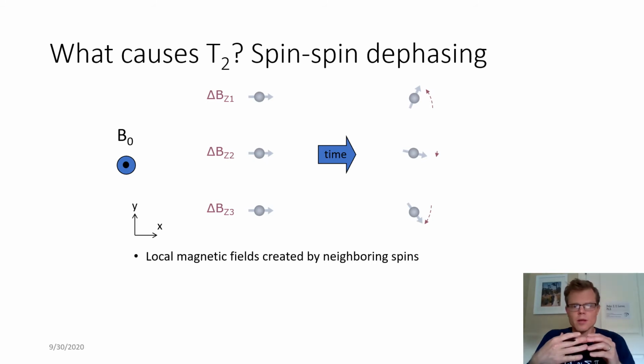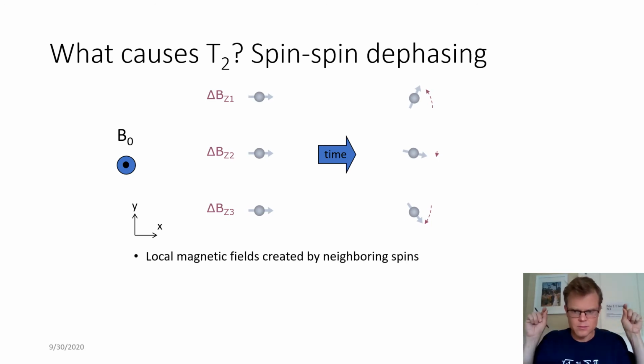So recalling from the fundamental principles of resonance, remember when our spins are in a magnetic field, they're going to precess or rotate at a rate that's proportional to the magnetic field. And initially we said the magnetic field is just B0 everywhere.